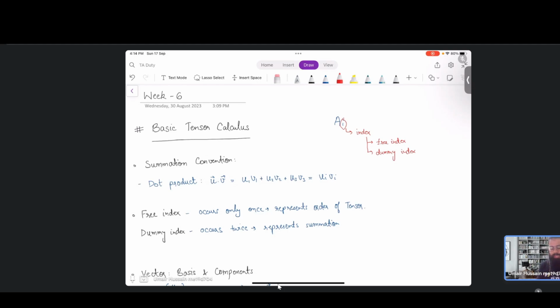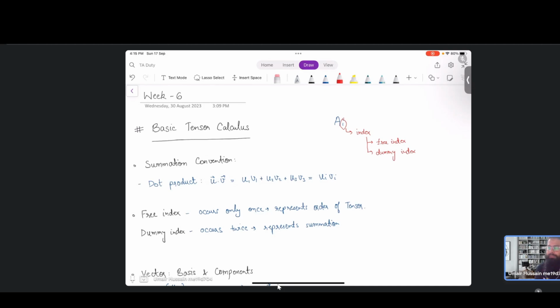So I've already written down here. Free index means if an index occurs only once, it's called a free index, and the free index represents the order of the tensor. A dummy index is when any index occurs twice, and it represents a summation.